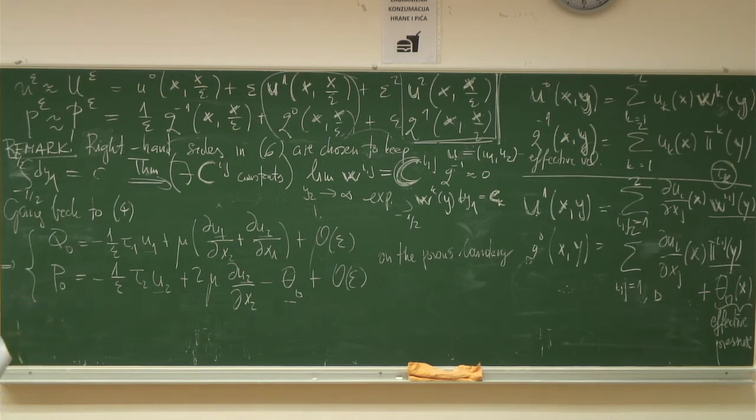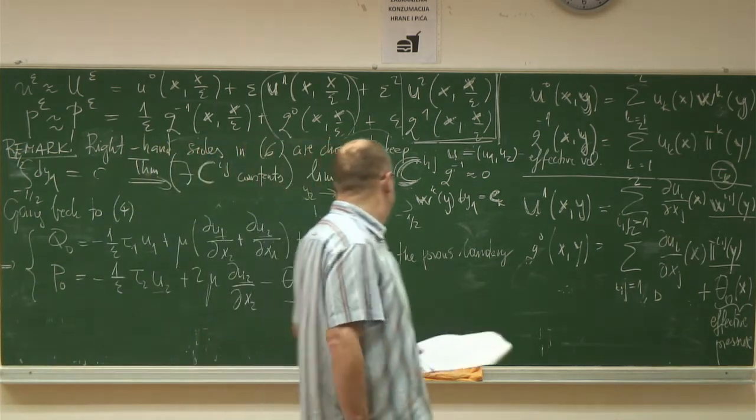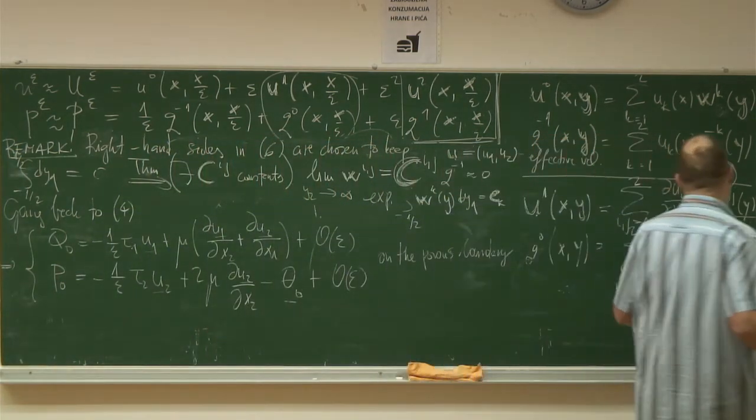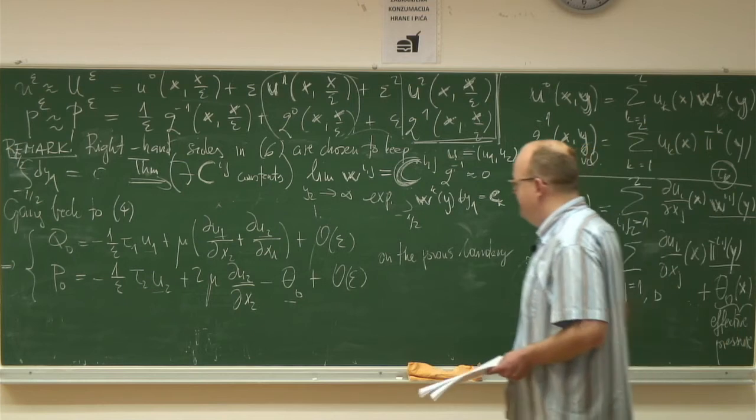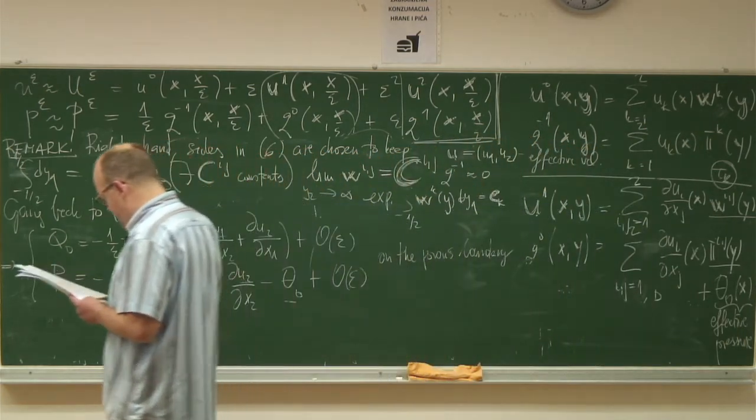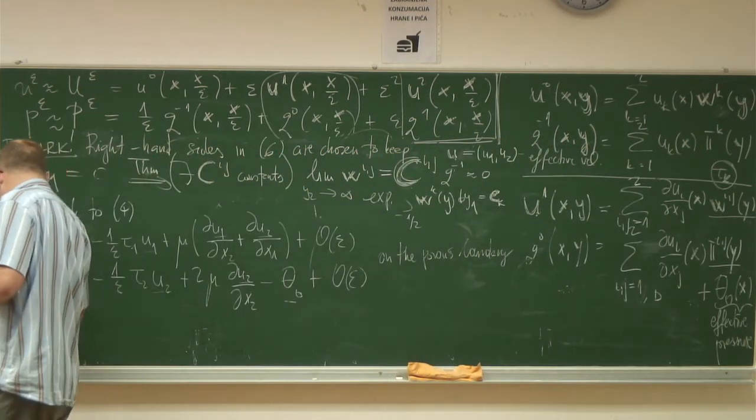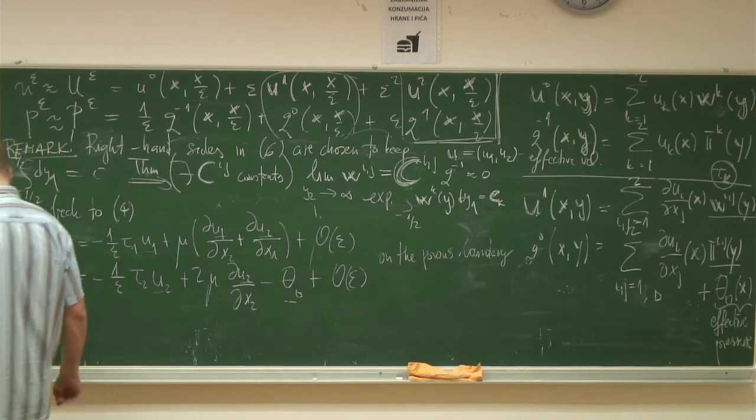And now, we want to write it in a way that something can be deduced from it, to say what type of boundary condition we essentially derive. In order to accomplish that, we introduce the effective stress tensor.